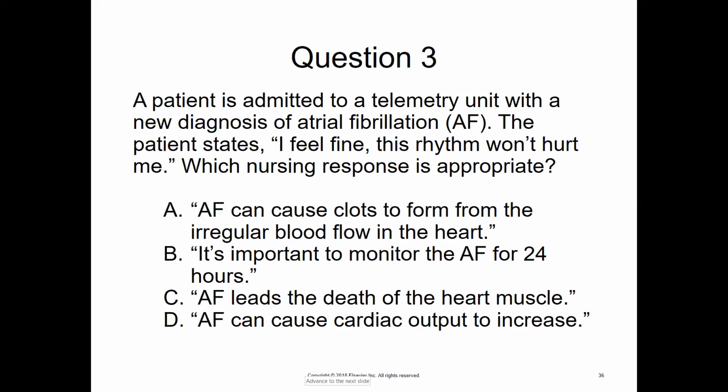The patient states, I feel fine, this rhythm won't hurt me. Which nursing response is most appropriate? A, good. Patients need to understand that just because they can't feel it doesn't mean it's not going to affect them. So A is the answer.